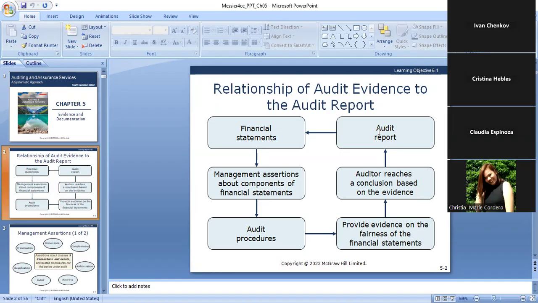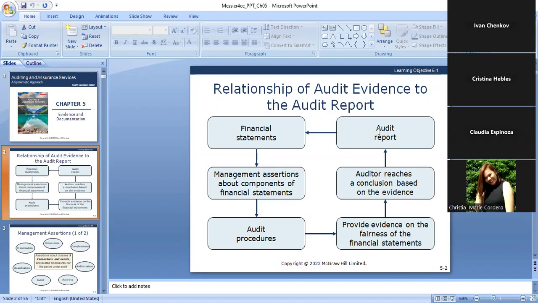Then we're going to check the control environment in the company, and that's going to determine what our procedures will be. Again, the only purpose of the procedure is to gather evidence to confirm that management actually recorded and reported all the transactions during the period that we're auditing.